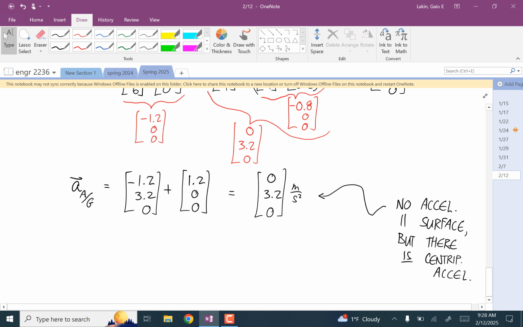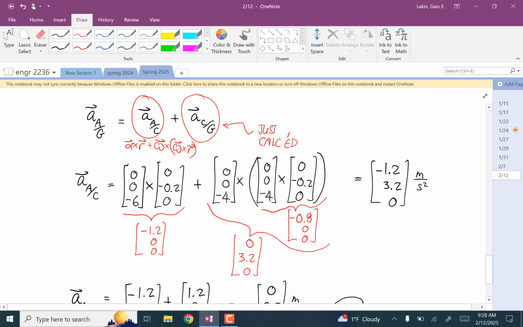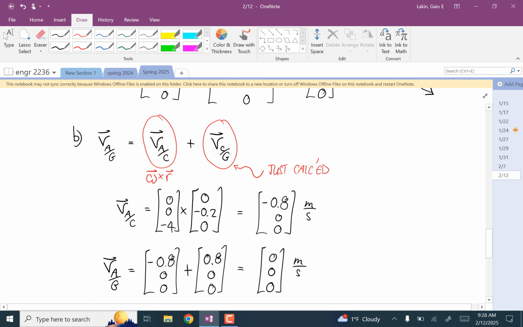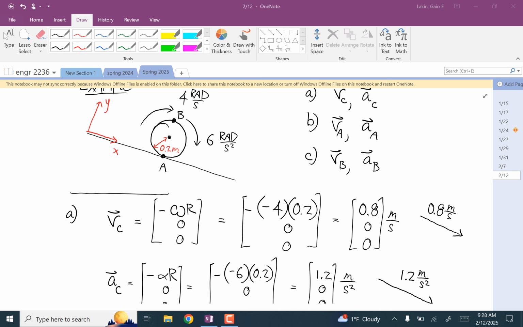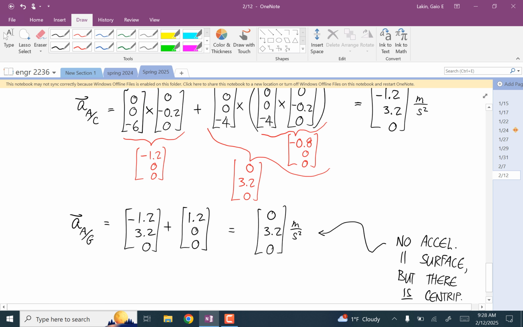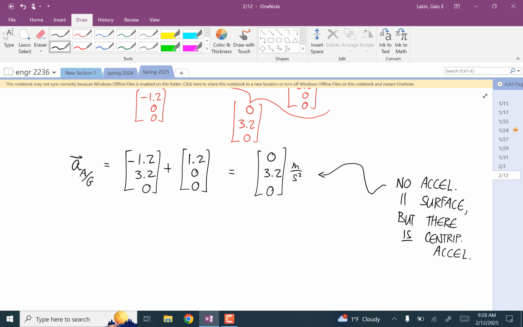Why don't you take a couple of minutes and see if you can work through the vector calculation for the acceleration at that point B, okay? And then I'll go through it and make sure that you're thinking about it the right way. So first I'll do the velocity.